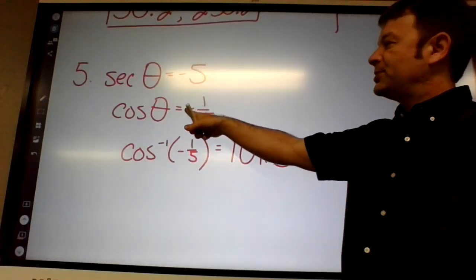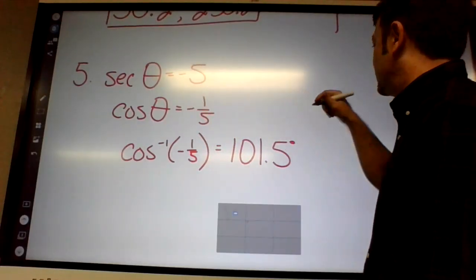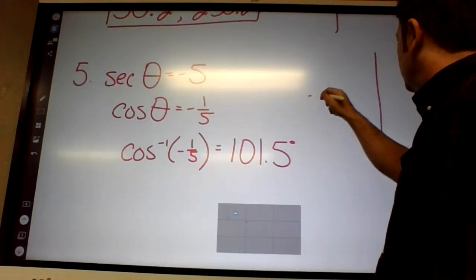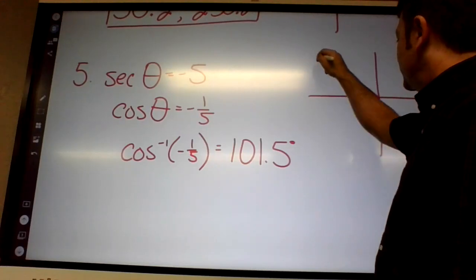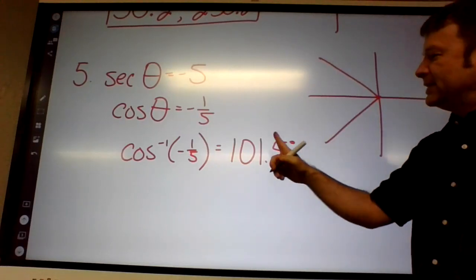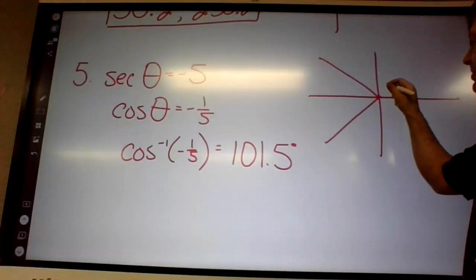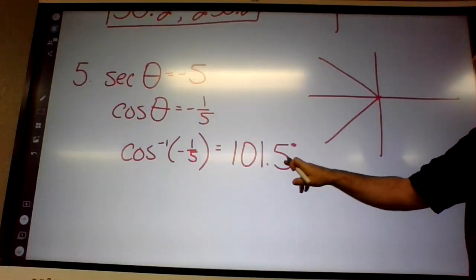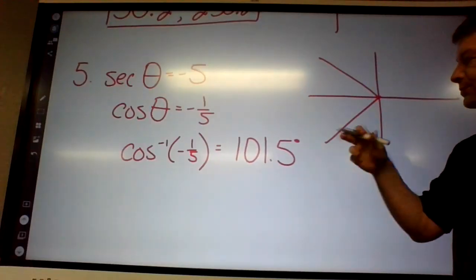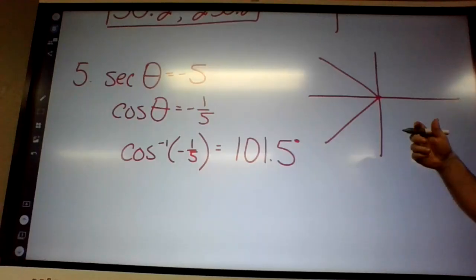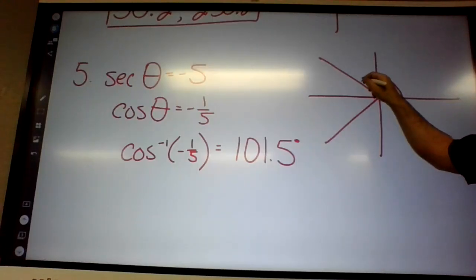So this one is cosine equals something negative. What quadrants is cosine negative in? Second and third. Good news, this is a second quadrant angle because it's past 90. So this is one of our answers. The bad news is it's not a reference angle.